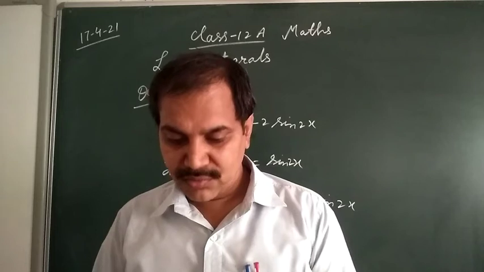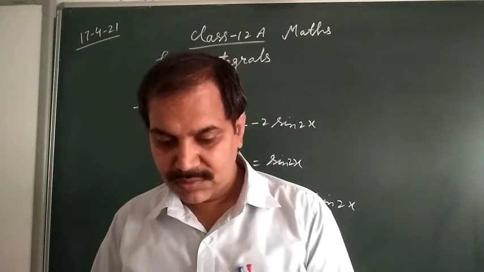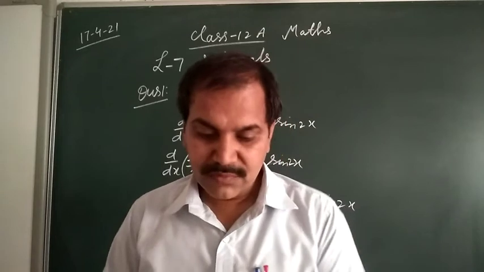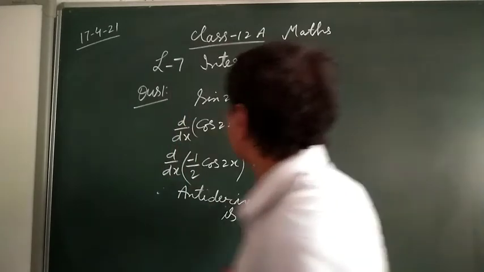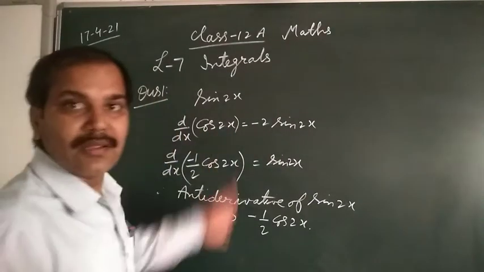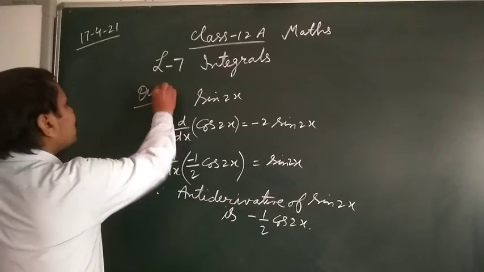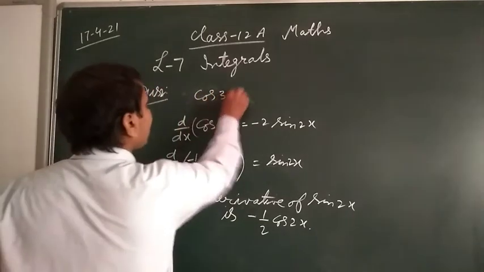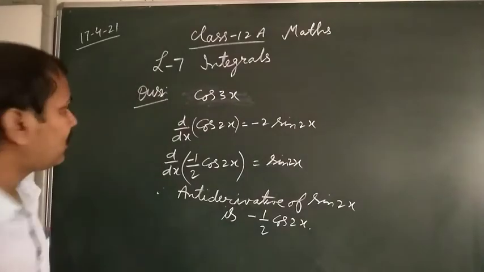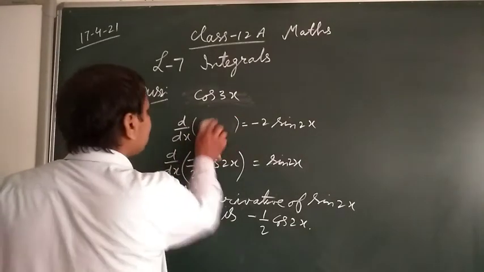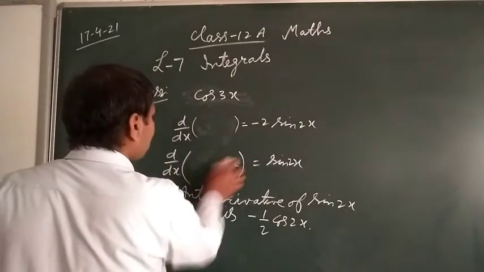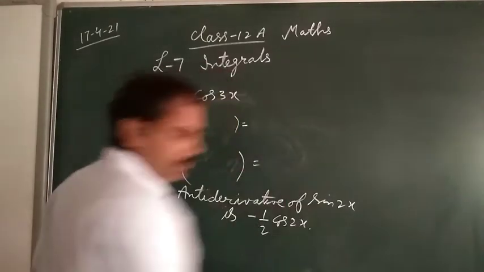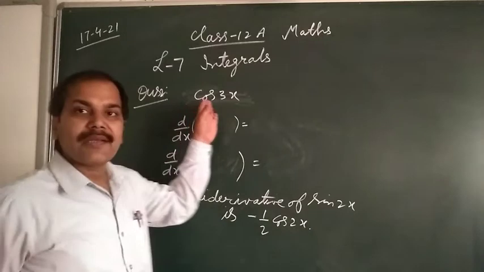Then start the next one. Question number 2 is given: cos 3x. First, we find the antiderivative of cos 3x.